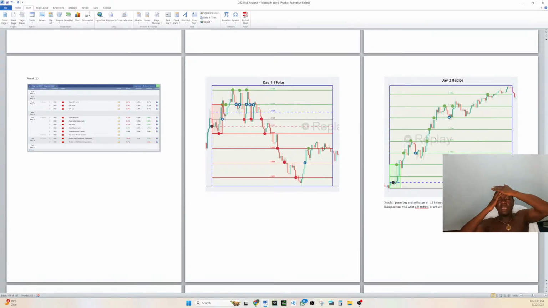Instead, I'm going to try to avoid slippage by putting my trade at the 1-to-1 area. So if price moves in any particular direction, I would get into the trade a little later, cut off some of the profits, but avoid some of the slippage.